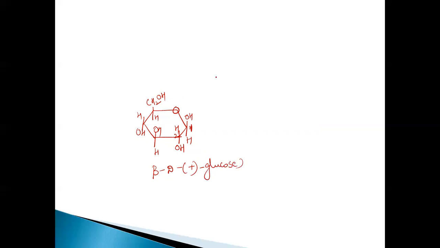So 1 is linked to the 4 of another carbon atom. So this one. Again, oxygen. I'll write the same thing here. So this is carbon number 1, OH on the top, H at the bottom. Third carbon atom, fourth carbon atom, and fifth and sixth.